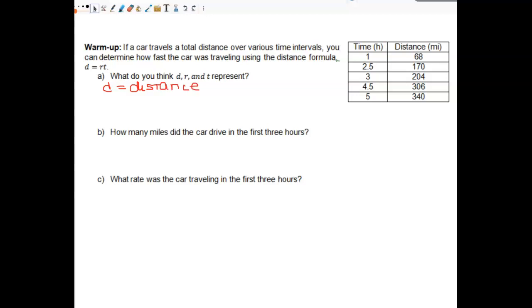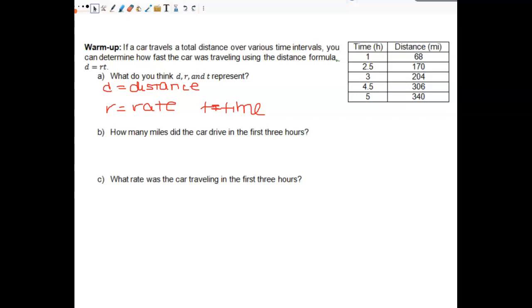R stands for rate. And T stands for time. So distance equals rate times time is a formula you've been hearing for a long time.